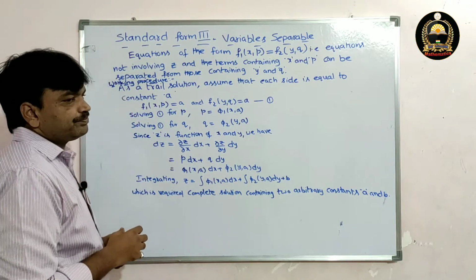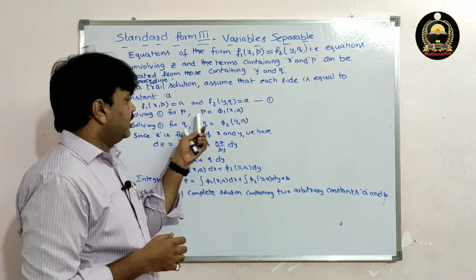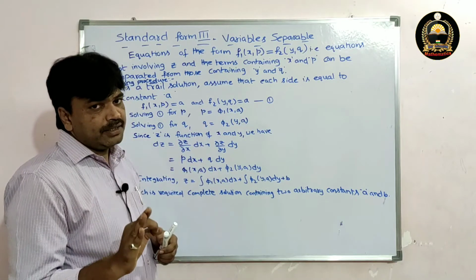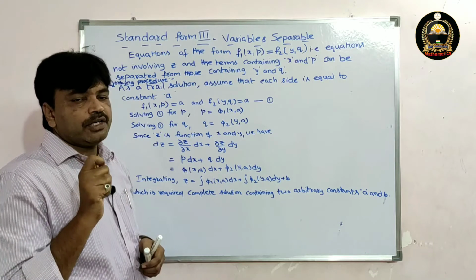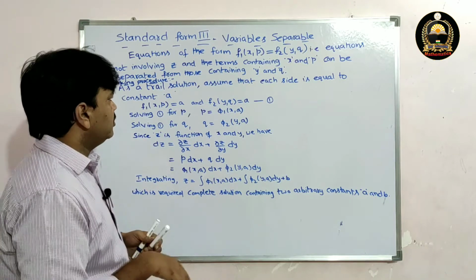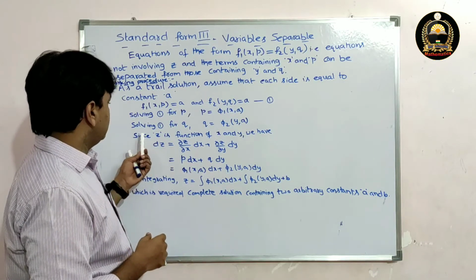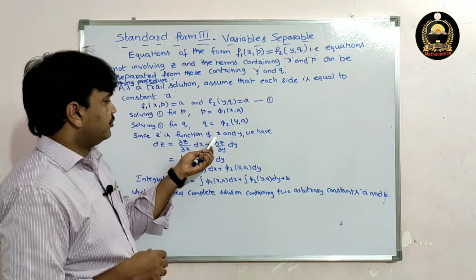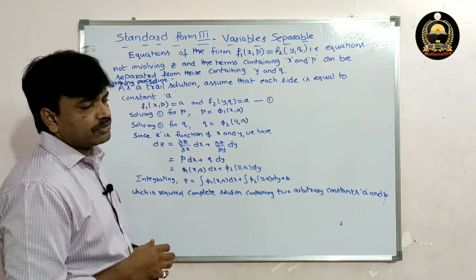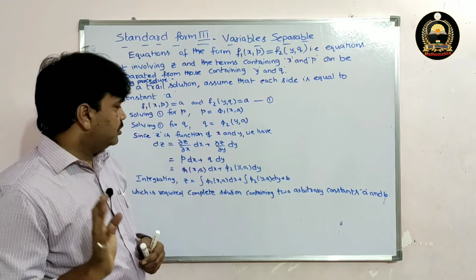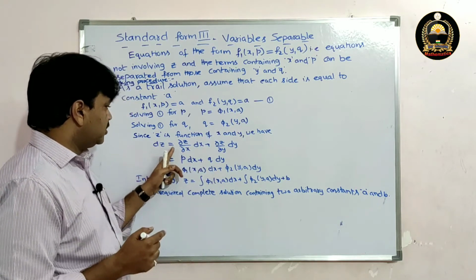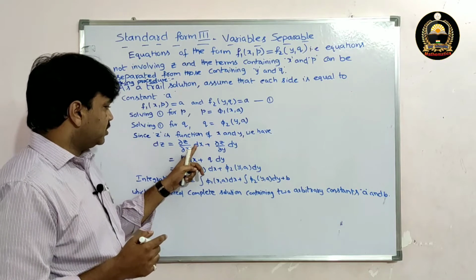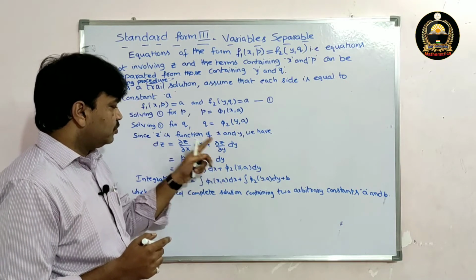That means we are finding the p and q values as usual. Now we know that z is a function of x and y. So dz is equal to dou z by dou x into dx plus dou z by dou y into dy.